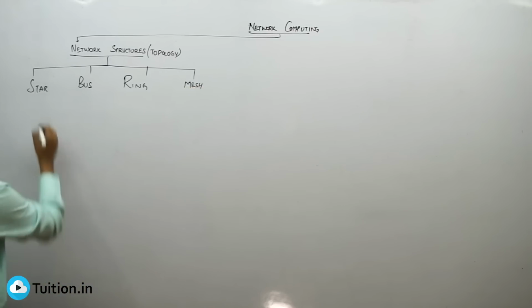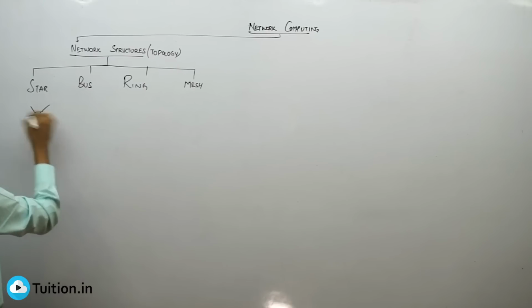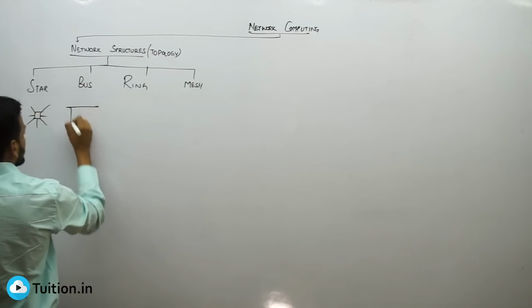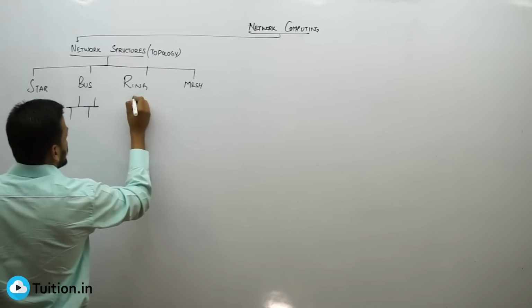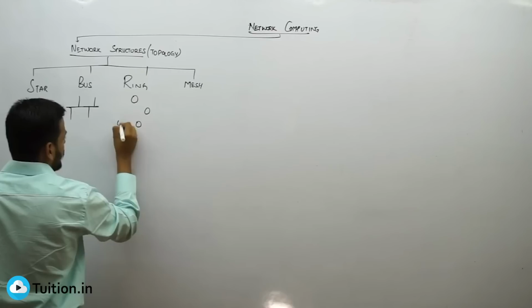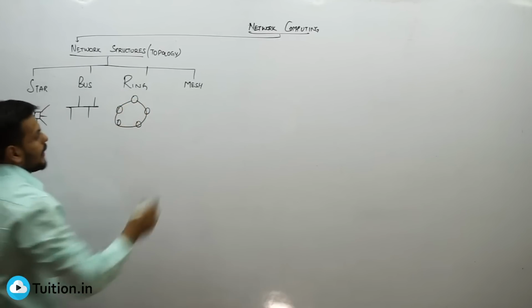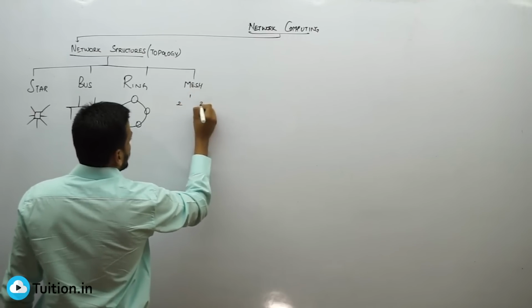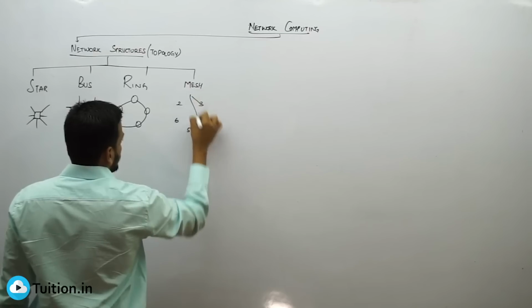Star is a server kind of a model, where there is something centric and all the other things are connected. Bus is a single wire, where you have multiple connections from the wire. Ring network is like you have things which have a unidirectional flow. In mesh, we have all points interconnected with each other, right?